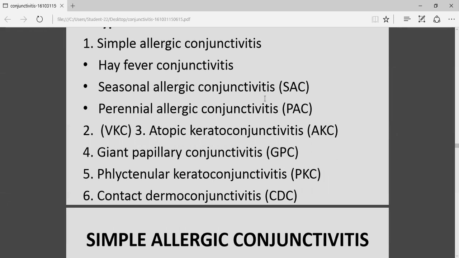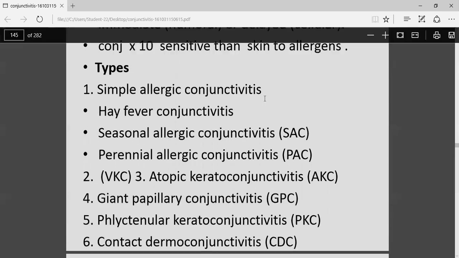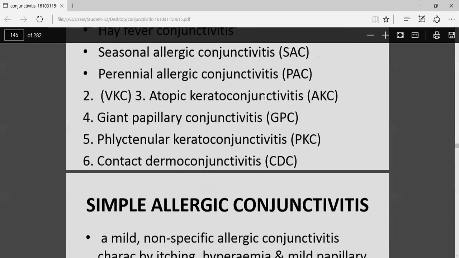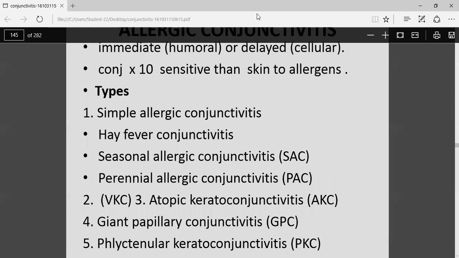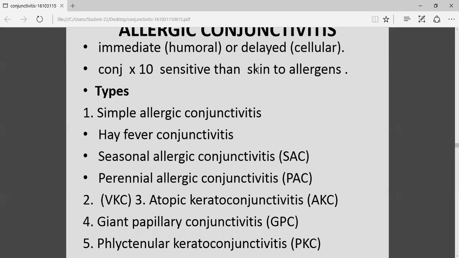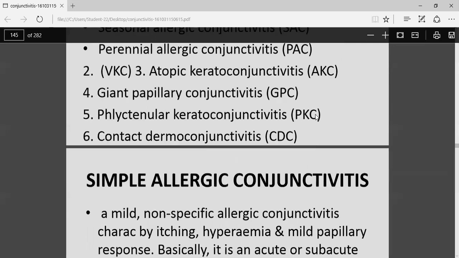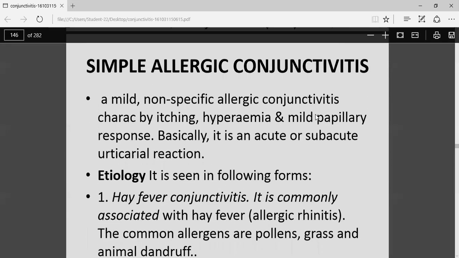Then there is follicular keratoconjunctivitis, and then finally there is contact dermatoconjunctivitis. These are all different types of the allergic conjunctivitis. Okay, let's start with the first one, the simple allergic conjunctivitis.